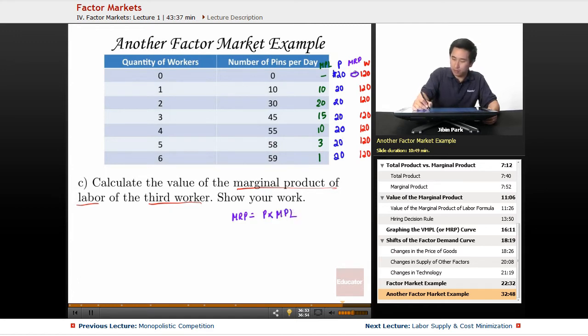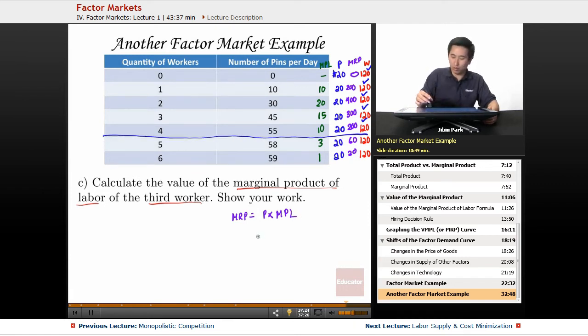So at this point it's going to be 0, and then 200, 400, 300, back to 200, and then you have a huge drop-off here. You're going to have 60, and then 20. So in terms of being able to figure out, it's pretty easy. You go ahead and hire the first worker, second worker, third worker, fourth worker. You don't hire the fifth worker.